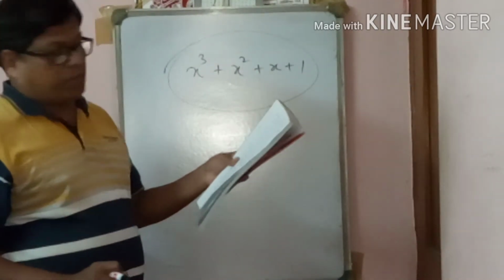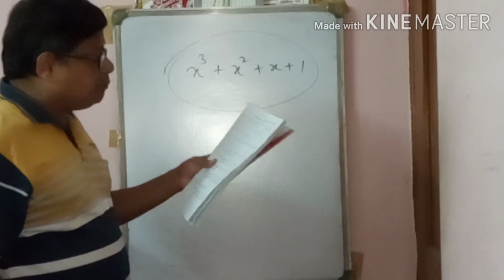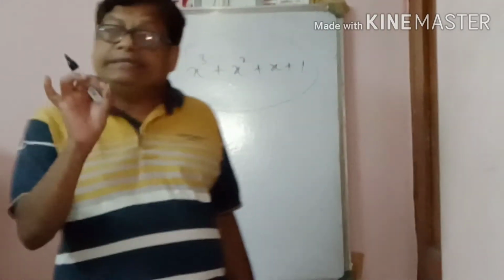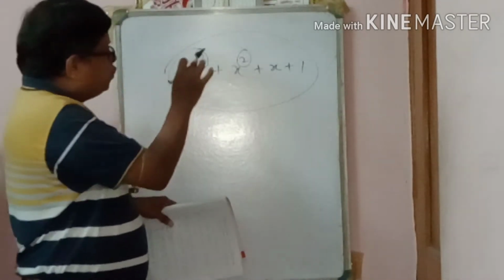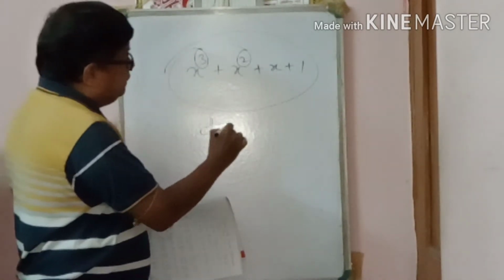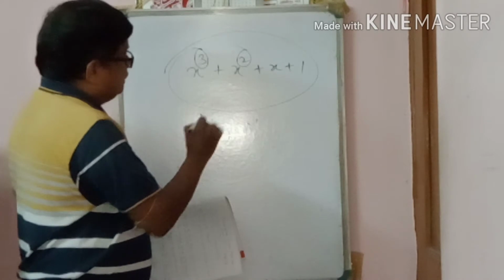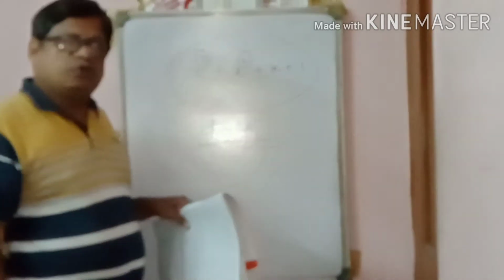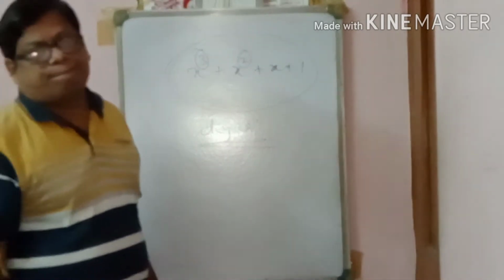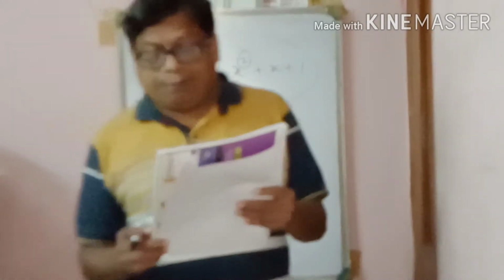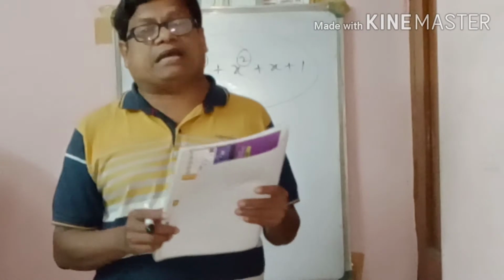The greatest power of the variable in a polynomial is called its degree. So the answer is degree.